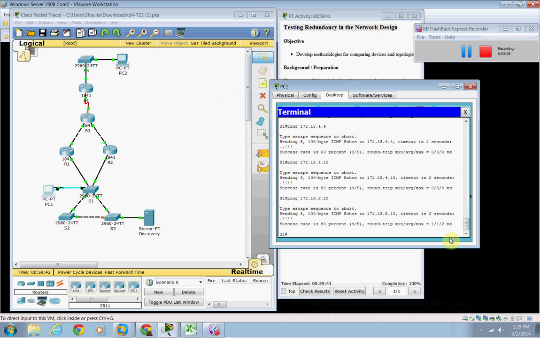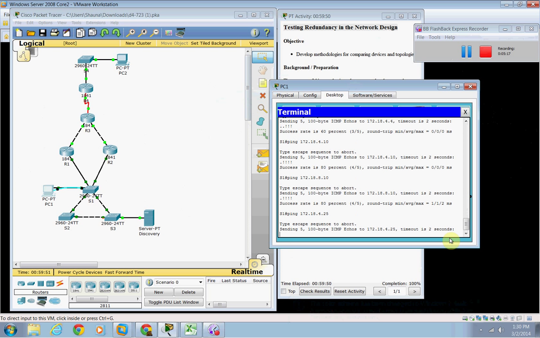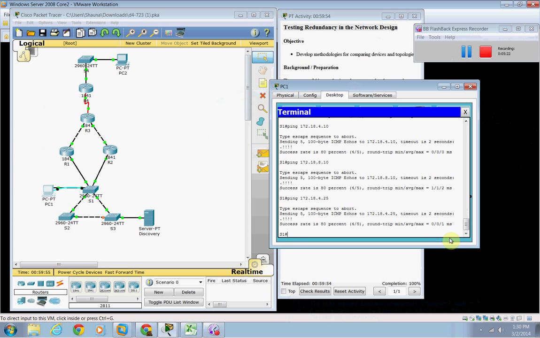So we can ping everything, and the server, we'd better do the server, is 4.25. Okay, that all works.